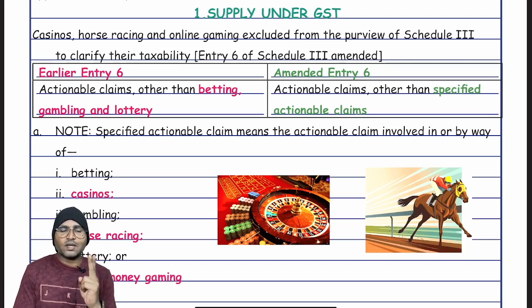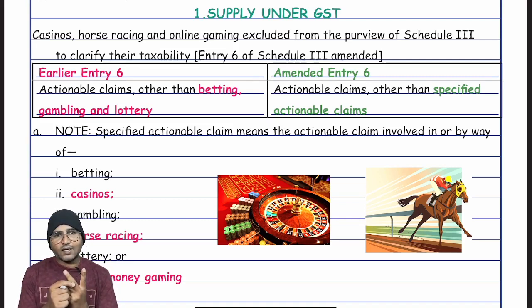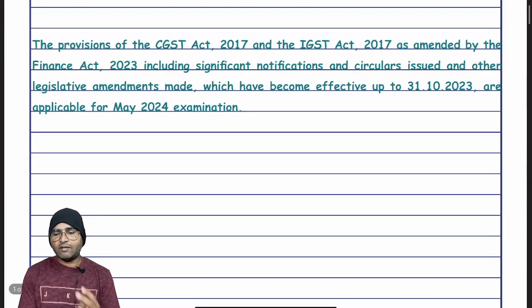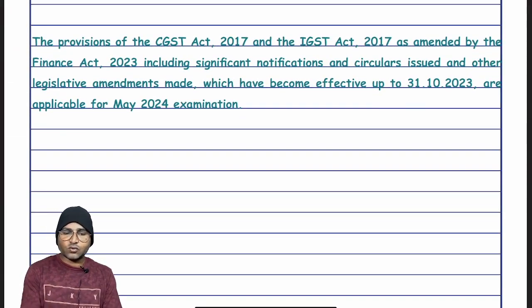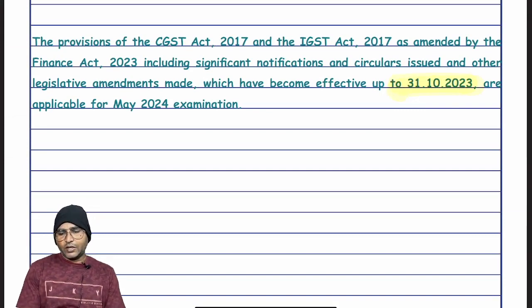And point number two concerns any new amendments, any new provisions which you come across on a website or YouTube channel or any other source. Please forget about all those amendments, all those updates. Reason: only the amendments which are given up to the date of 31st October 2023 are relevant for your examination.